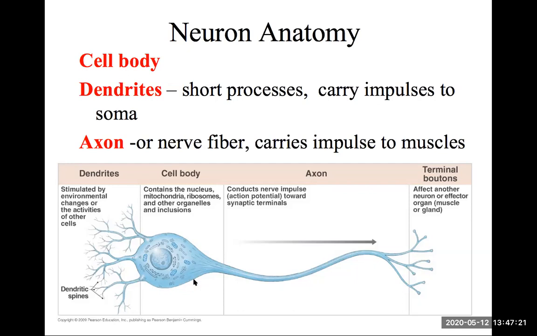And then the axon, which is often called the nerve fiber, and that makes up the bulk of the length of the cell. It's going to travel away from the soma and carry an impulse to a number of places, not just muscles, but this is one example.